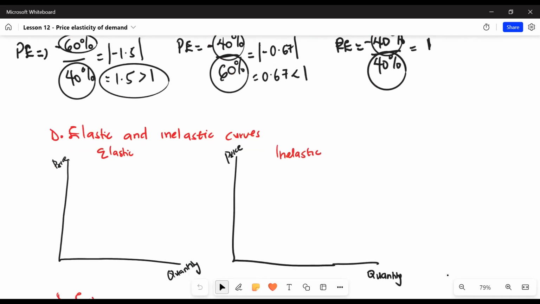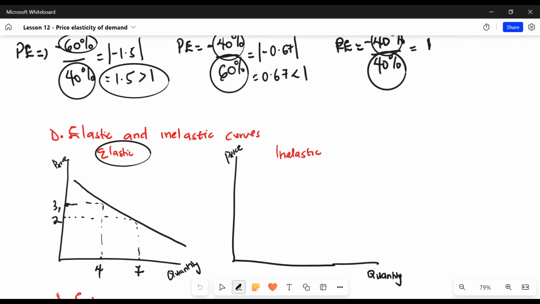Now, generally, elastic demand curves are relatively flatter than inelastic demand curves. So, for instance, for an elastic demand curve, when you draw your curve, you might have something that looks like that. Assuming price were 3 and your quantity demanded was 4, if price reduces to 2, quantity demanded might increase to 7.